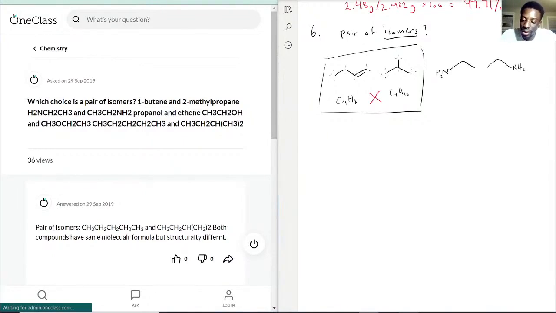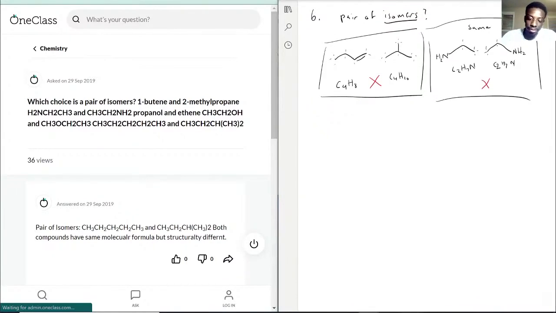We have 2 carbons, 1 N, and hydrogens 1, 2, 3, 4, 5, 6, 7. So it's C2H7N, and this one is C2H7N. Based on this picture, these are literally the same compound. They don't count as isomers because they're exactly the same thing, just flipped over. So that's not it either.